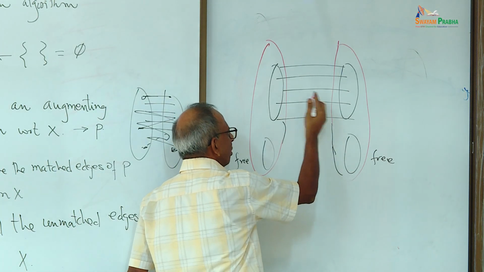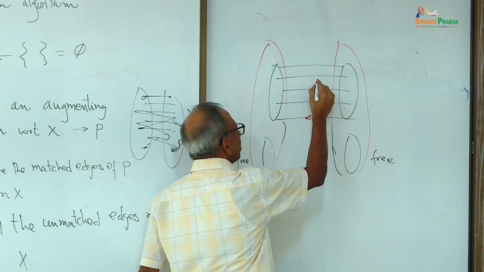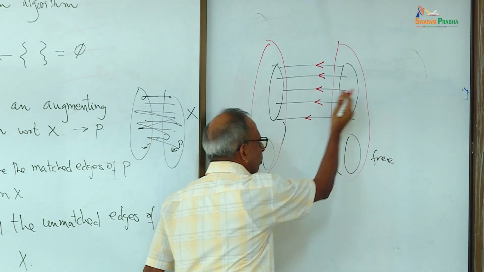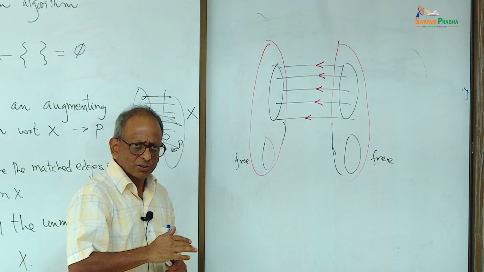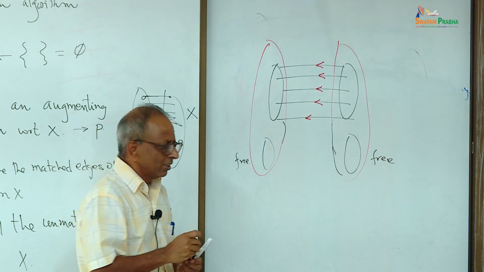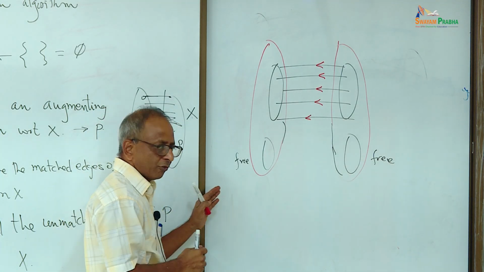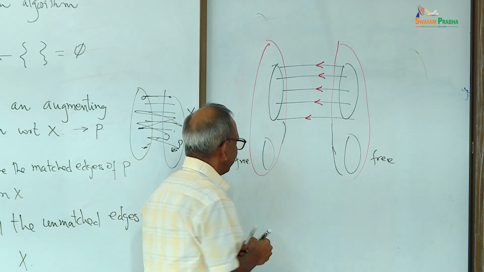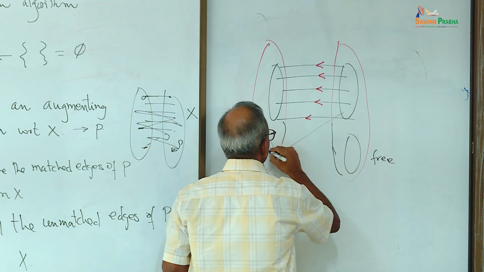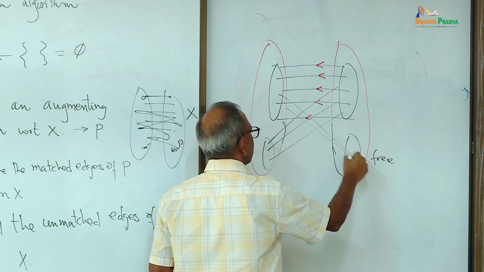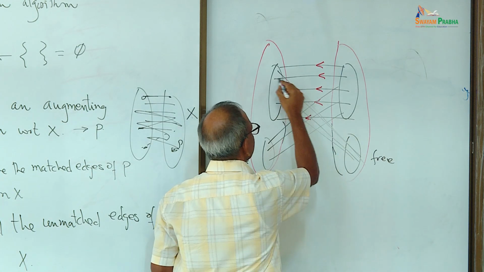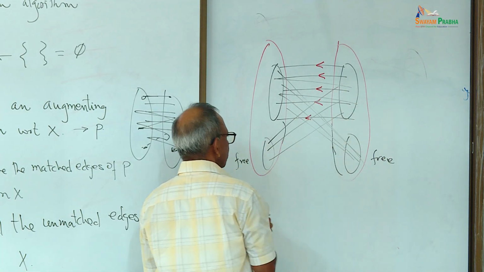Now, you direct all your matched edges, put arrows on them from right to left. And on the unmatched edges, the dotted edges, you put the arrow from left to right.